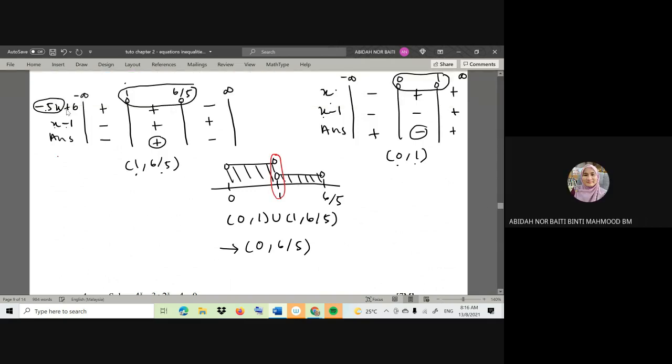Okay. At 1, empty circle. What does empty circle mean?